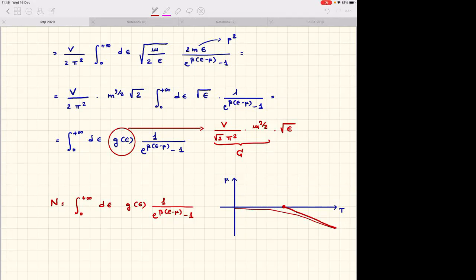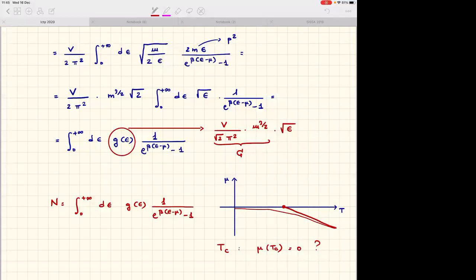In other words, is there a temperature T_c such that mu at T_c, solution to this equation, is equal to 0 or not? I think yes. Well, yes, there is, of course.